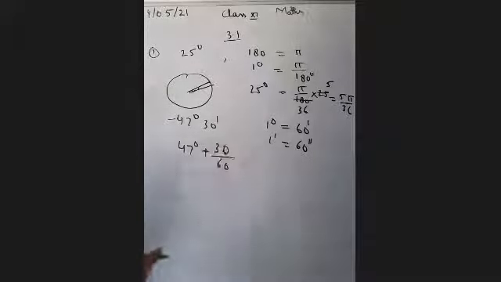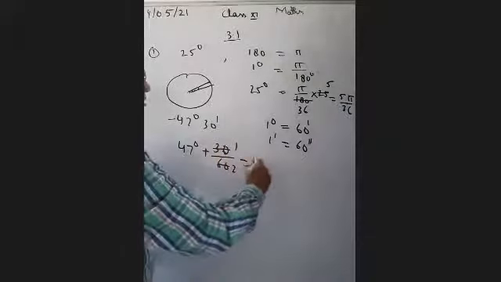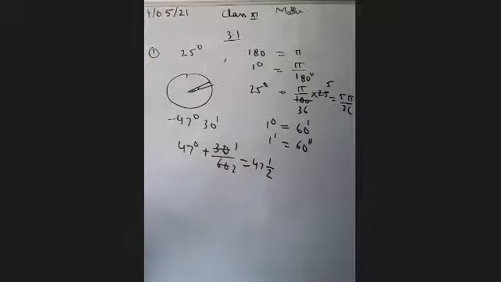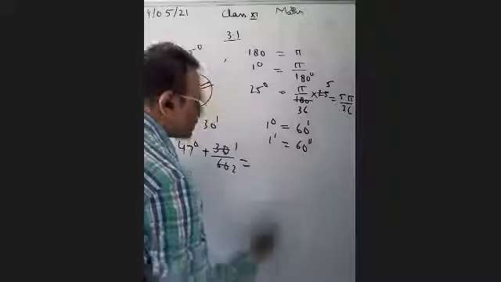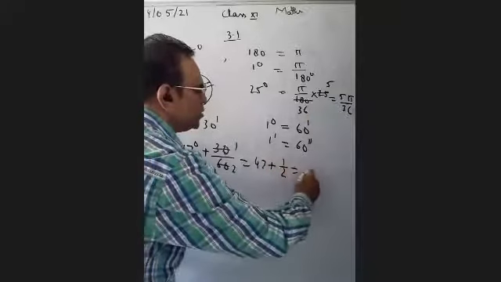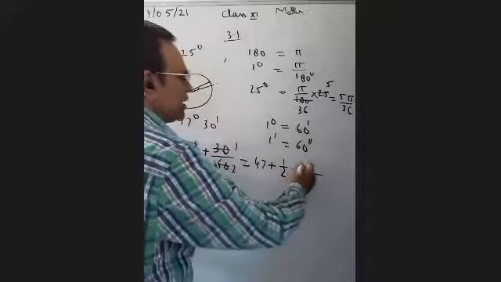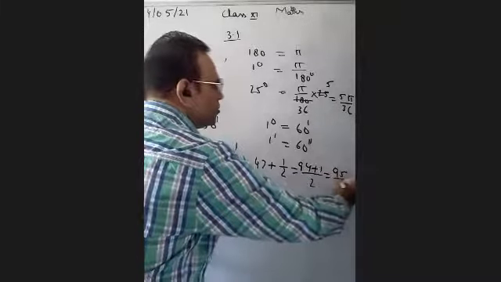So 30 minutes will be equal to 30 upon 60, यानी कि 1 upon 2, यानी कि 47 and 1 upon 2. ठीक है, you can also write it separately: 47 plus 1 upon 2. So you have to take the LCM: 2 7 is 14, 2 2 is 4, 2 4 is 8, 90 plus 1, 95 upon 2. So this is the degree.